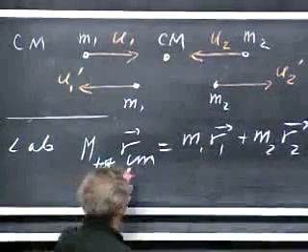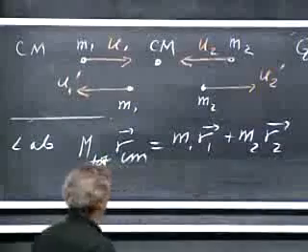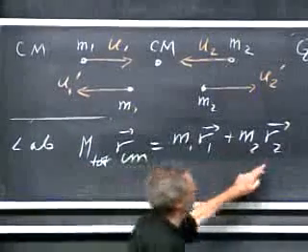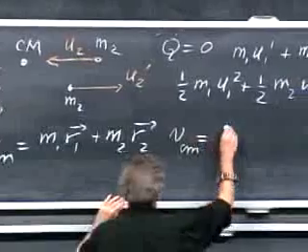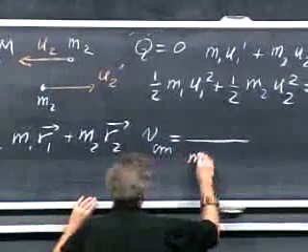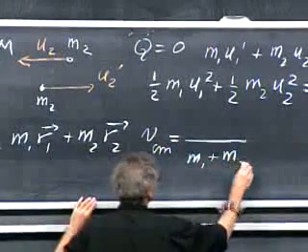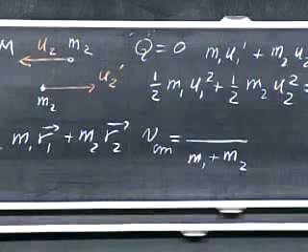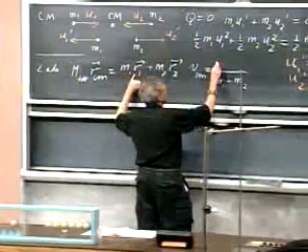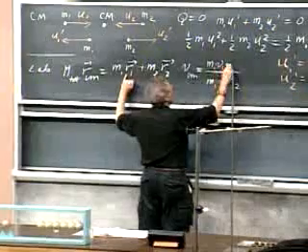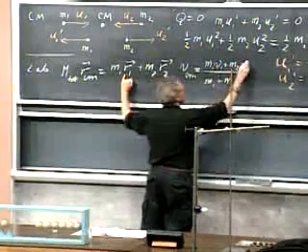And so, if you take the derivative of this equation, then the positions become velocities. So the velocity of the center of mass equals 1 divided by m1 plus m2, because that's the m total which I bring under here, and upstairs I get m1 v1 plus m2 v2.